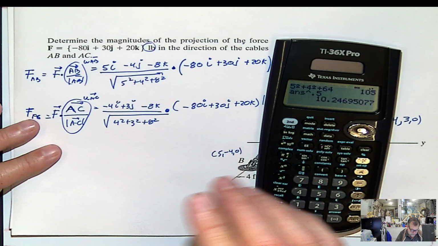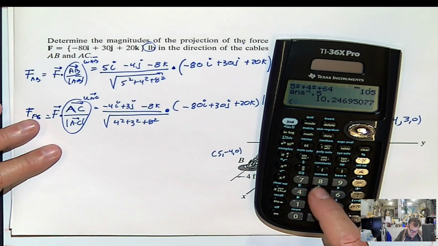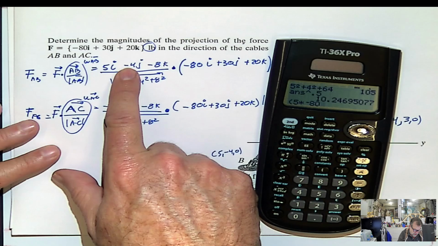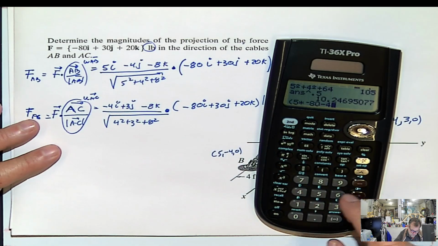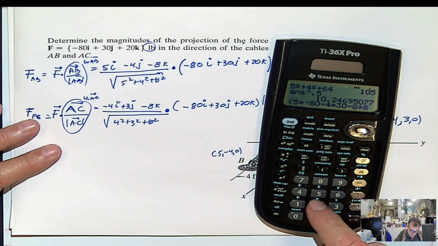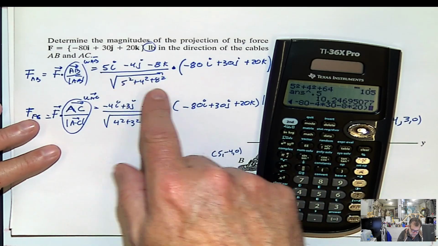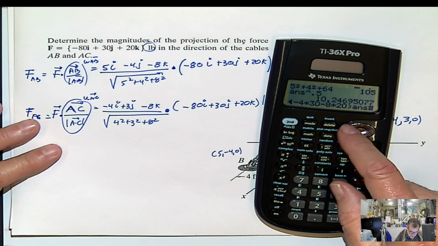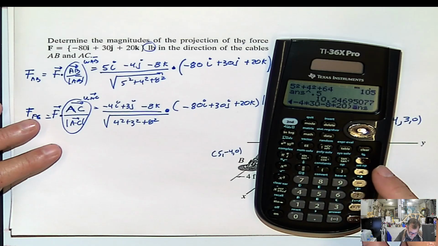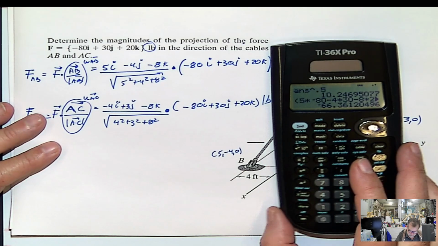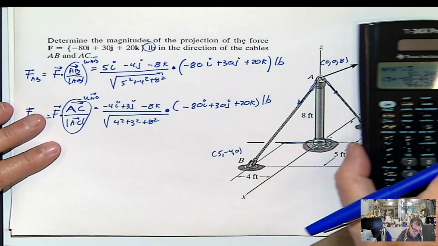So I'm gonna just keep everything else together, and I'm gonna say 5 times negative 80, minus 4 times 30, minus 8 times 20, and divided by this, which is the number that I have here before, divided by the answer I have before, and that's going to be negative 66.4.